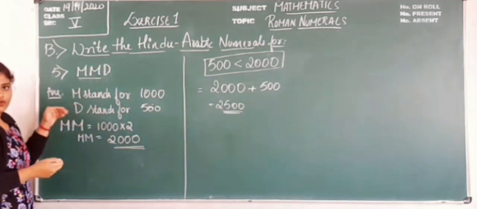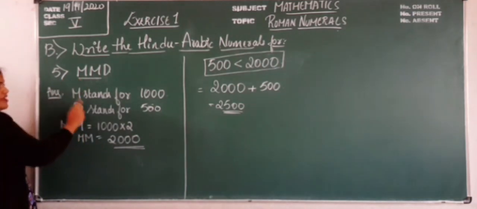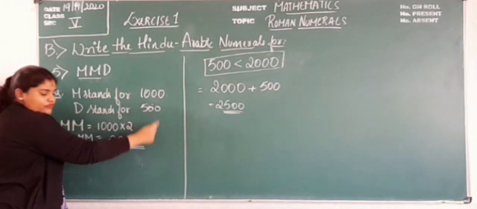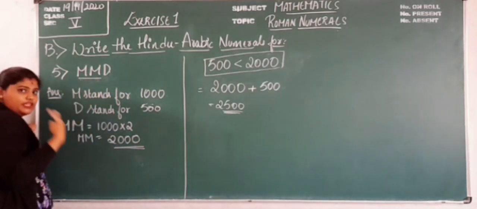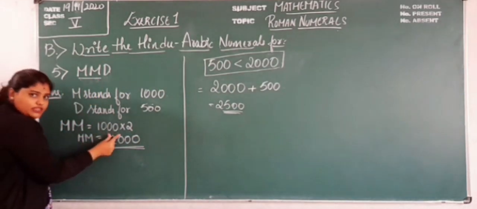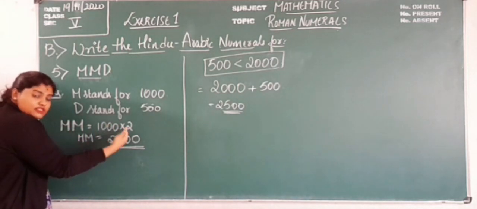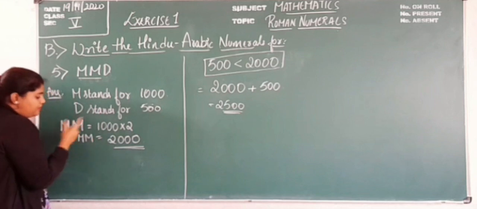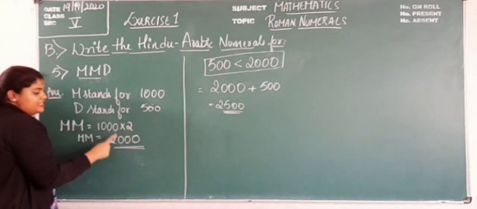So first we wrote the value of each symbol. M stands for 1000, D stands for 500, and here we have MM. M is repeated 2 times, so we multiply 1000 by the number of times it is repeated. 1000 into 2 is 2000.